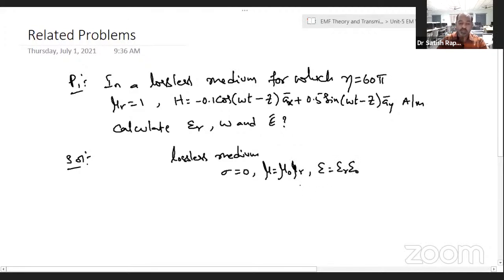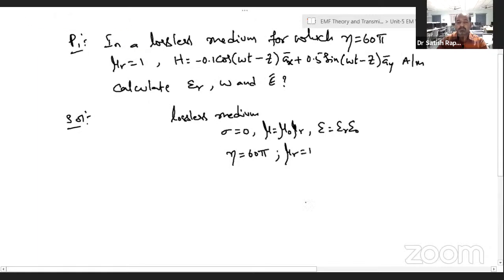These are the characteristics of a lossless dielectric medium. And it was given that eta is equal to 60 pi and mu r is equal to 1.